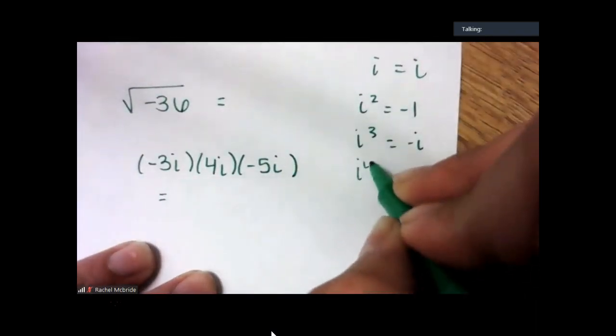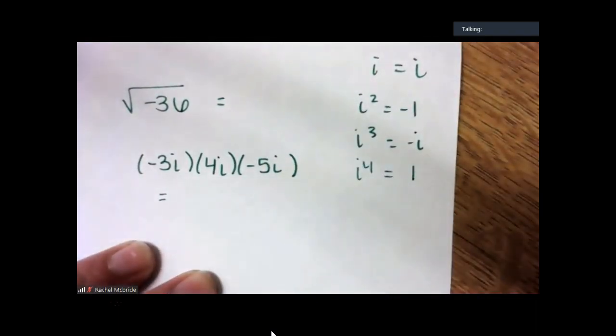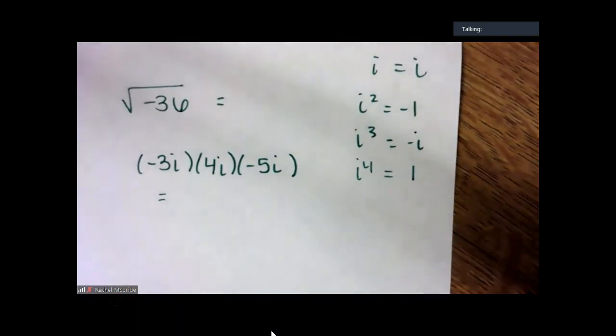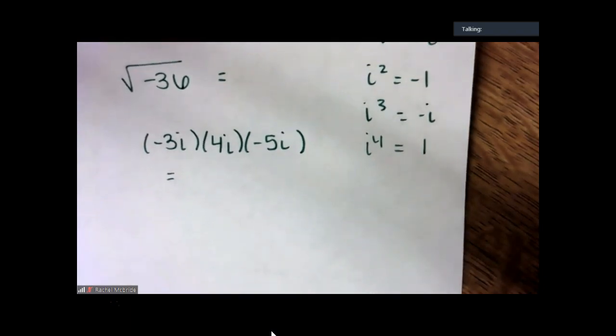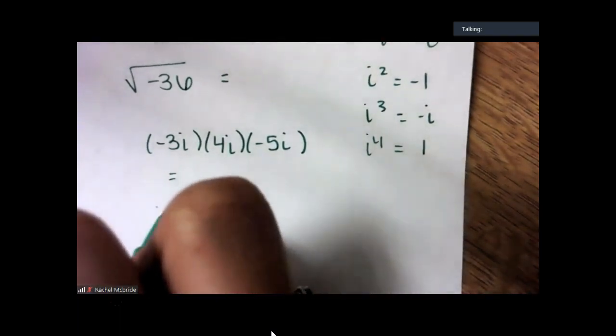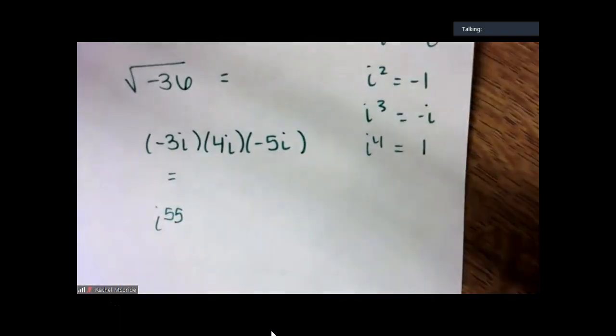And i to the 4th is 1. So that being said, find i to the 55.